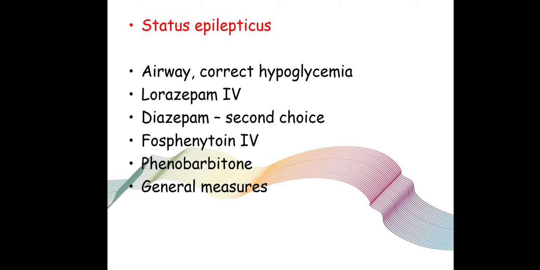All the drugs are given parenterally, no oral treatment, because episodes are going on. And general measures mean IV hydration and vital monitoring, which you have to maintain during the attack of status epilepticus. Status epilepticus treatment is also asked in the exam, so focus on that.